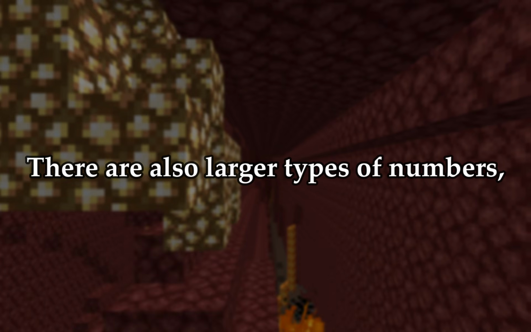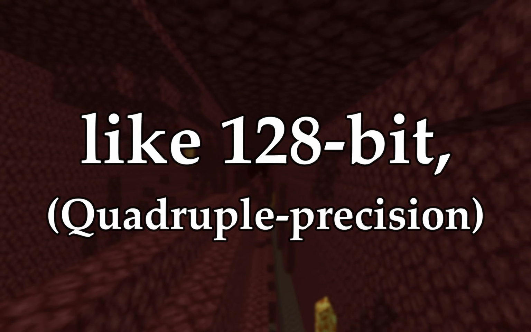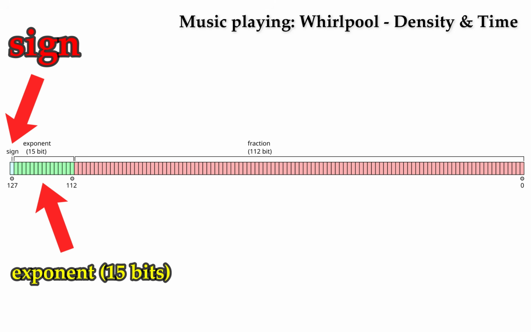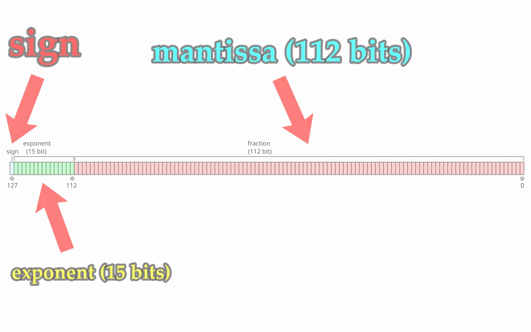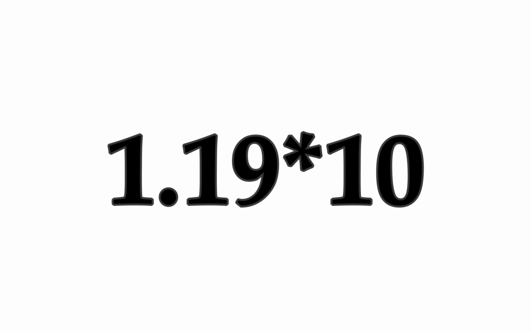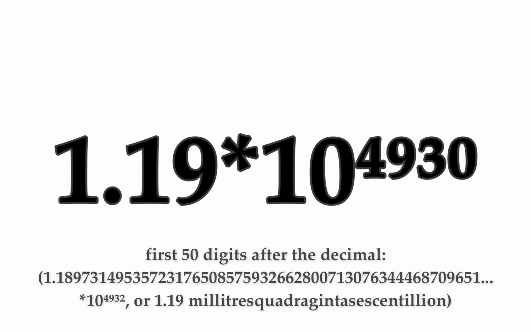There are also larger types of numbers, like 128-bit, which has 1 bit for the sign, 15 for the exponent, and 112 for the mantissa, which makes the maximum number about 1.19 times 10 to the 4,932nd power.